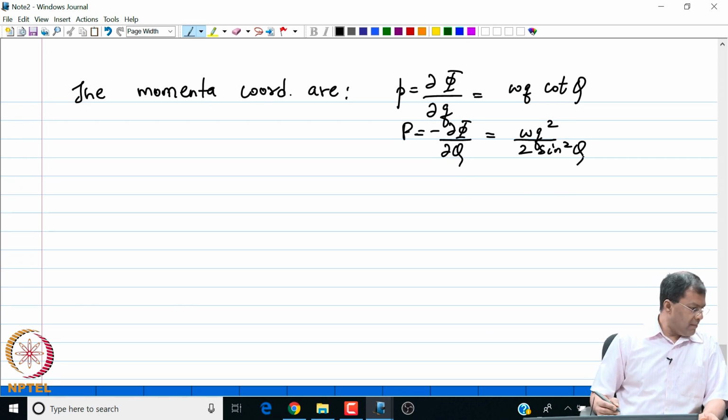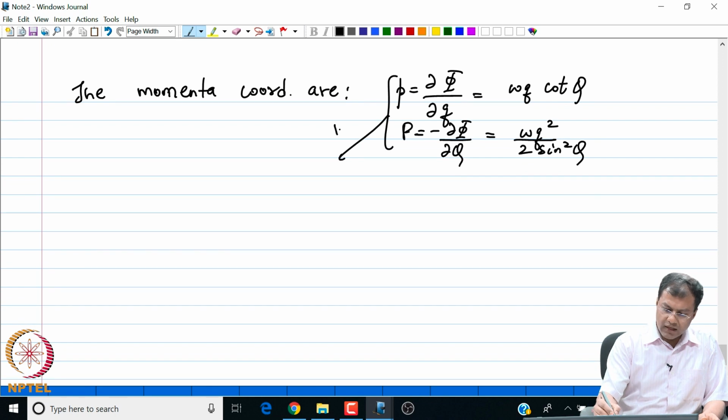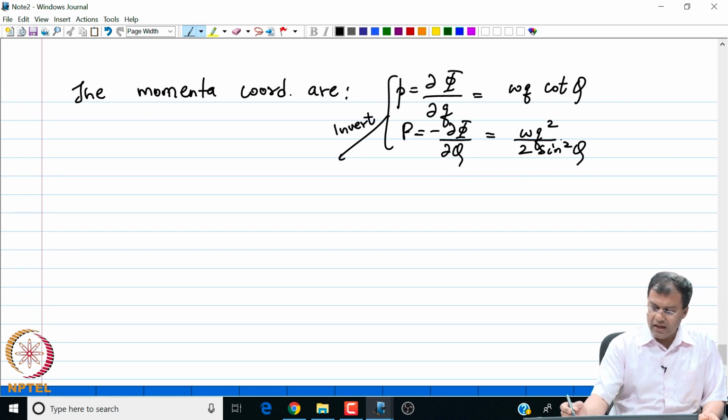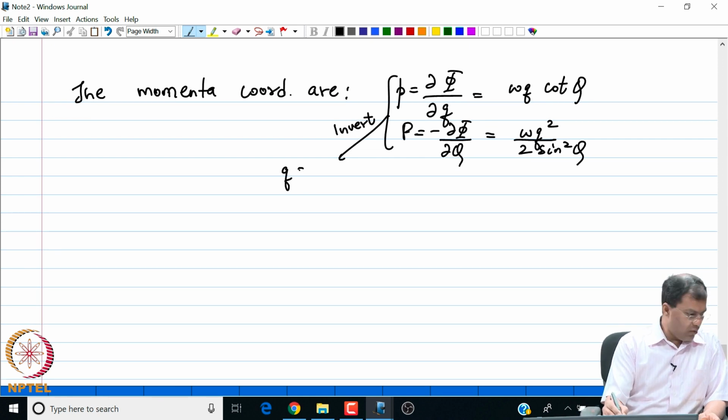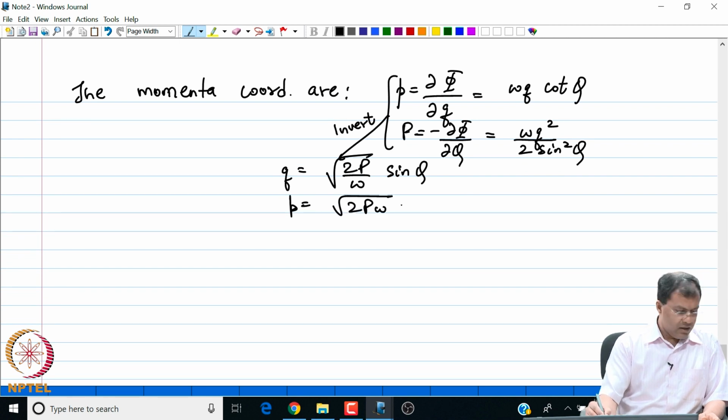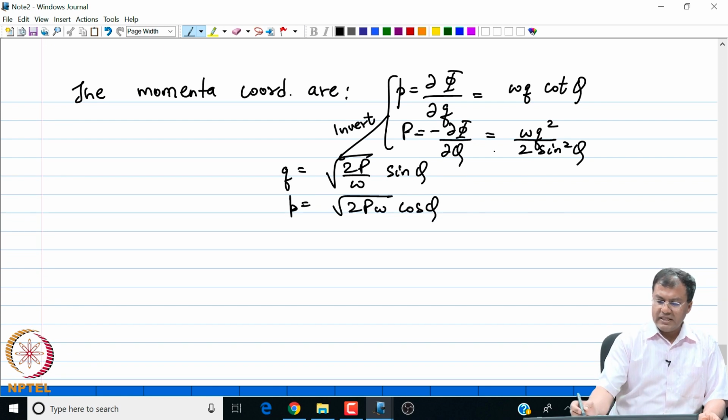Okay. So we can also invert to find the relation between small q and capital Q. In the original coordinate frame, the coordinates q and p can be written in terms of capital Q and capital P. So q turns out to be square root of 2P by omega times sine capital Q, and small p turns out to be square root of 2P omega cos capital Q. This can be readily checked from this relation, and so these are my symplectic maps.